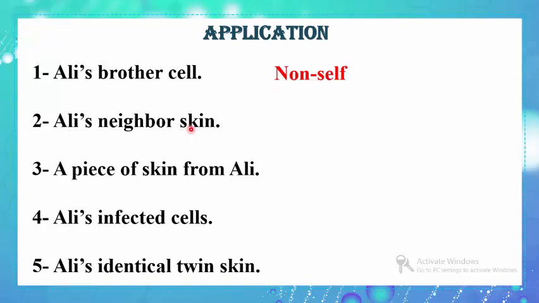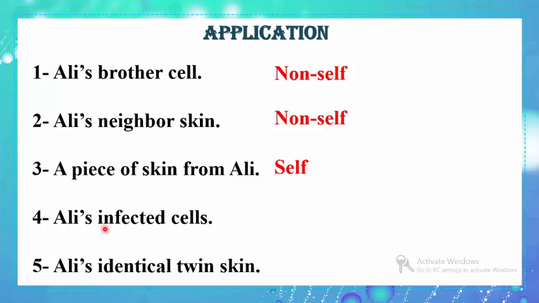Ali's neighbor's skin is similar to the first case, so it will also be recognized as non-self. And the third one, a piece of skin from Ali. So we are talking about the same individual, meaning identical HLA molecules, so of course it will be recognized as self. Ali's infected cells.